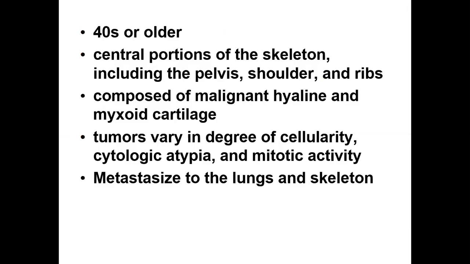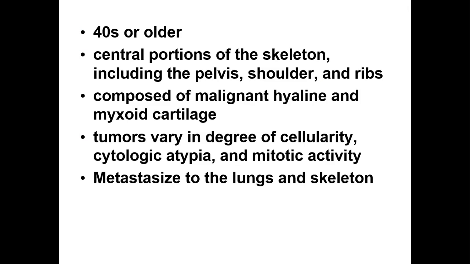Patients are 40 or older, and central portions of the skeleton, that is pelvis, shoulder, and ribs, are commonly affected. They are composed of malignant hyaline and mixed cartilage. Tumors vary in cellularity, degree of cell atypia, and mitotic activity.